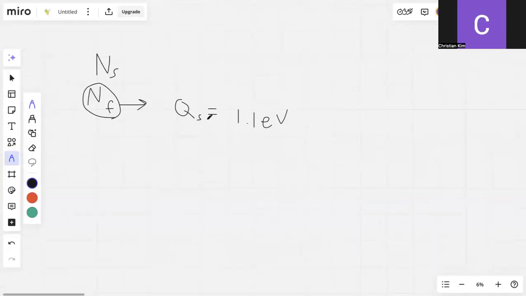So essentially you're just going to be plugging into the equation N times E raised to QF divided by 2kT.